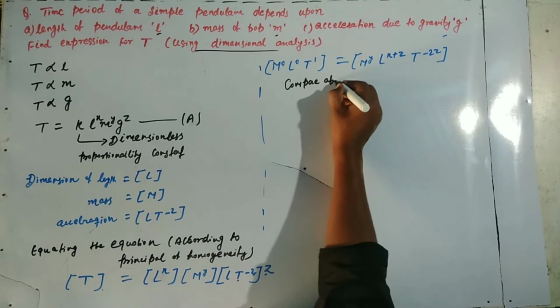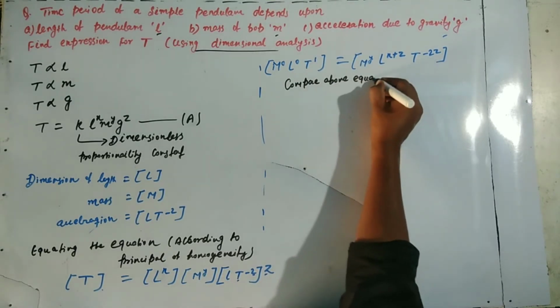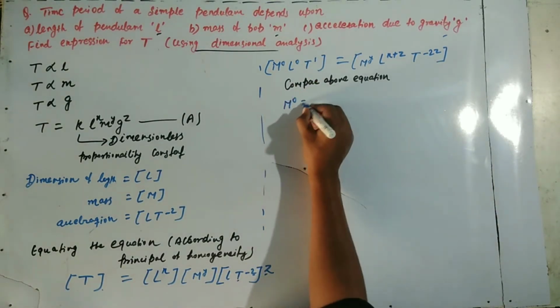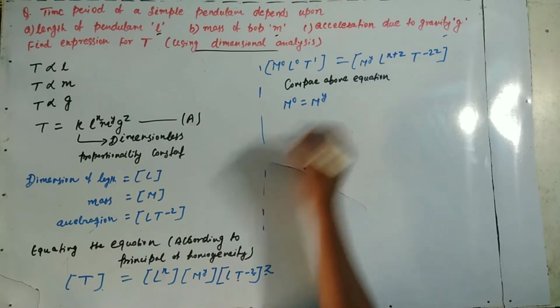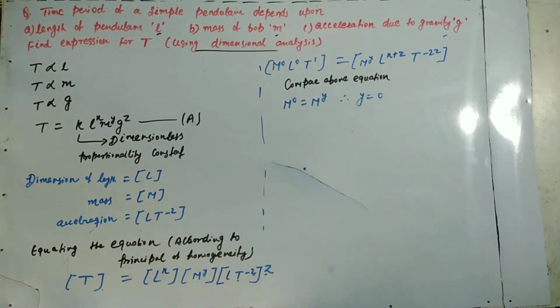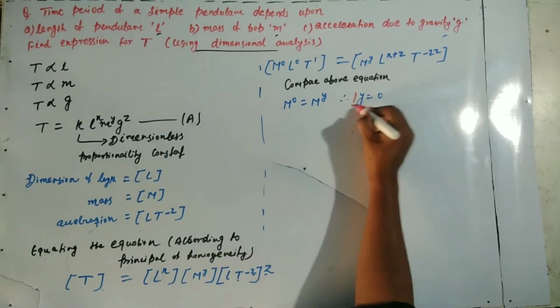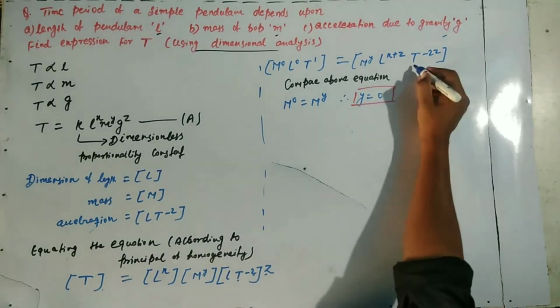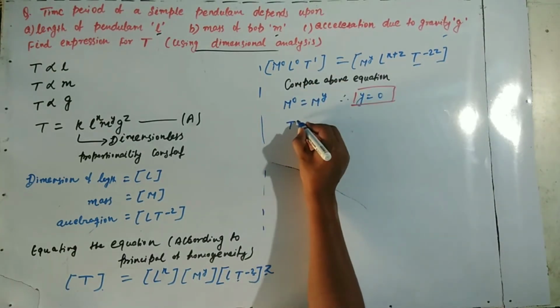Now, we compare the equation. When we compare, we can find the values of X, Y and Z. M to the power 0 equals M to the power Y. When M is cancelled, then Y equals 0. Now, we compare the T term.